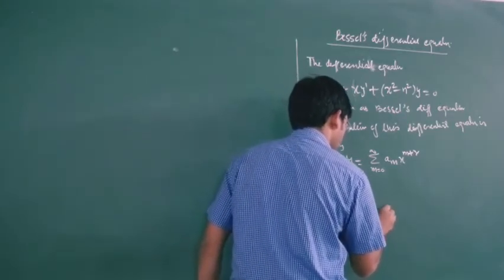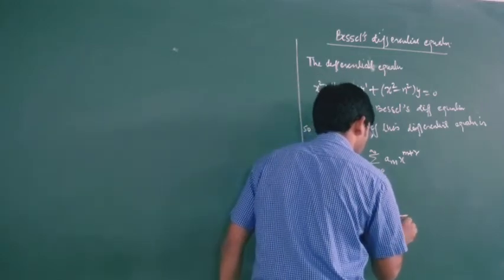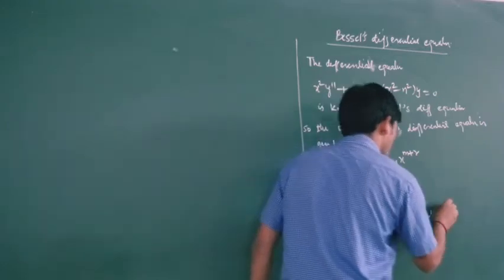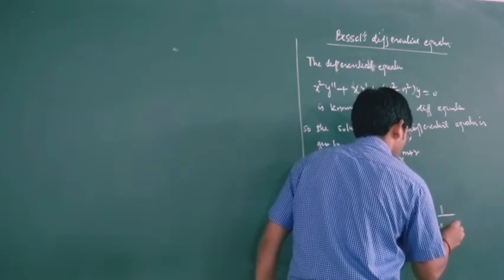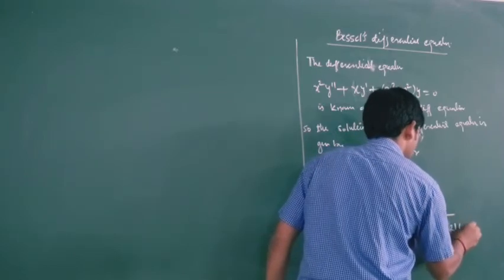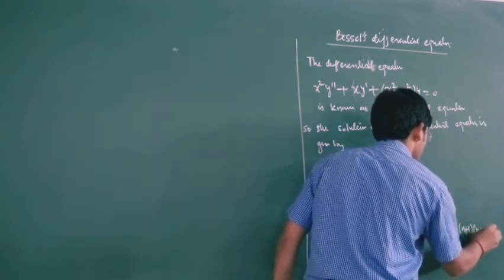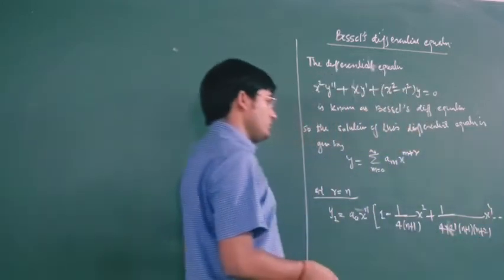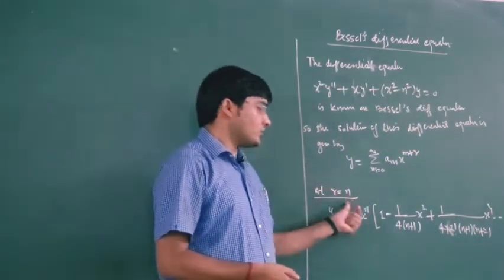Then we have in the bracket 1 minus x square upon 4 into (n plus 1), then plus x power 4 upon 4 into 2 square, factorial 2 into (n plus 1)(n plus 2), and so on. This was the solution about r equal to n.